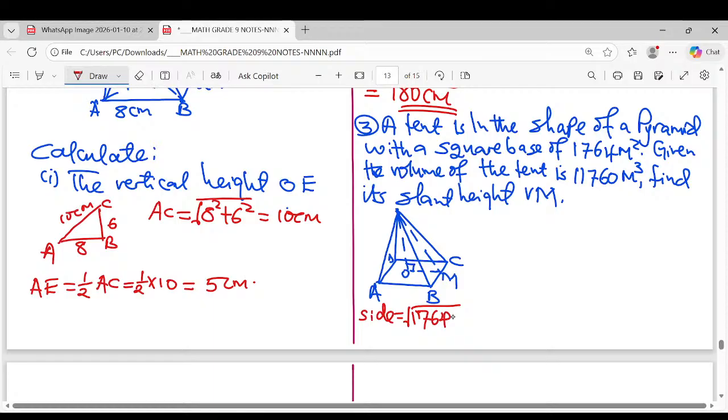So the square root of 1764 is 42 meters. So if that is 42, what next are we going to have? We've gotten that is 42.